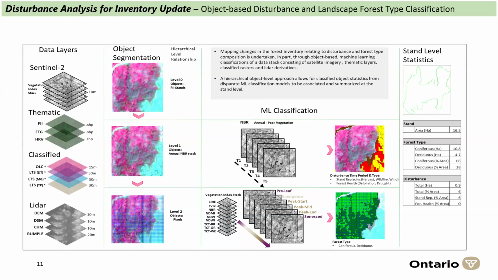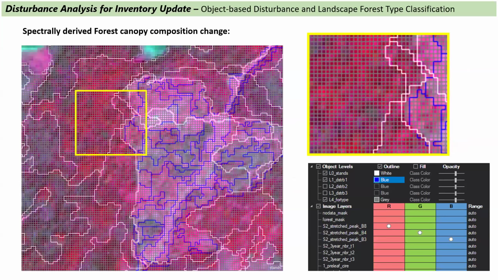So if you go on to the next slide. As I mentioned, it's a multi-level object hierarchy, and so those statistics from each level, illustrated here on this slide, cascade down from the forest stands, which are segmented from the inventory stand information that you're seeing here in white, down through the disturbance objects, which are blue, down to the pixel level objects achieved through a checkerboard segmentation.